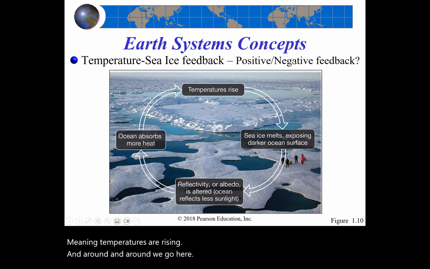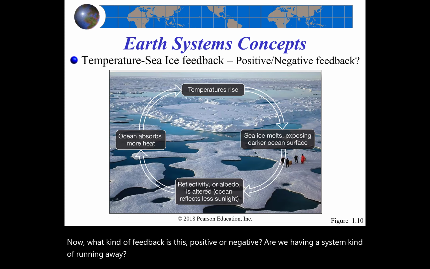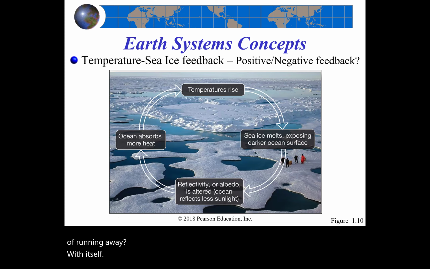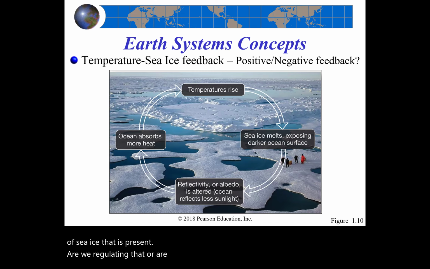Now, what kind of feedback is this? Positive or negative? Are we having a system kind of running away with itself, or are we regulating things? In this case, temperature, I suppose, is what we'd be regulating, or the amount of sea ice that is present. Are we regulating that, or are we getting more and more of something without a check on it?